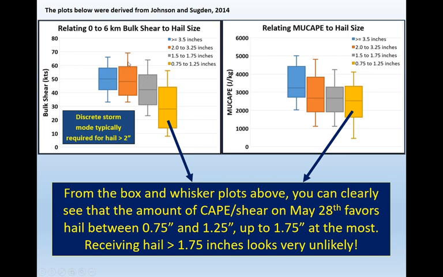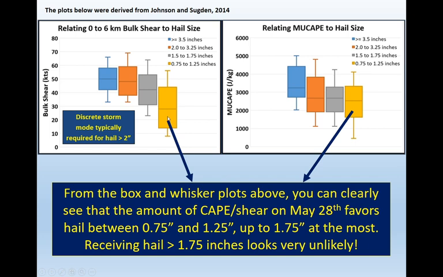So basically this is just a quick box and whisker plot you can use to get an overall sense of a range of hail sizes that you would expect given your environment based on the MU CAPE and the effective bulk shear from 0 to 6 kilometers. So for May 28th, you'll notice that with CAPE values generally around 2,000 joules or less, we were kind of favoring this 0.75 inch to 1.25 inch hail.